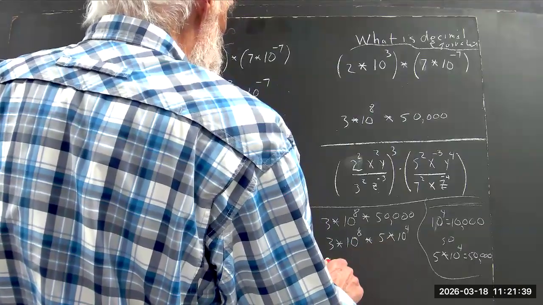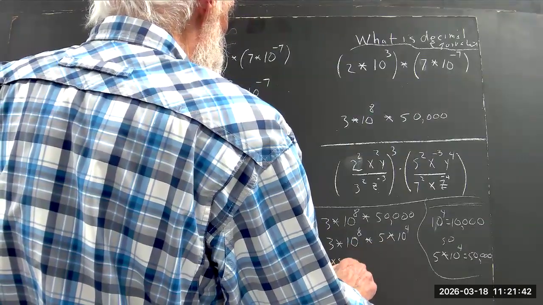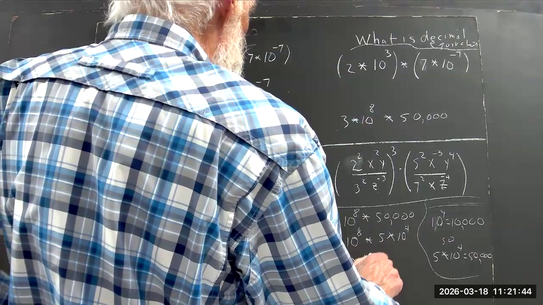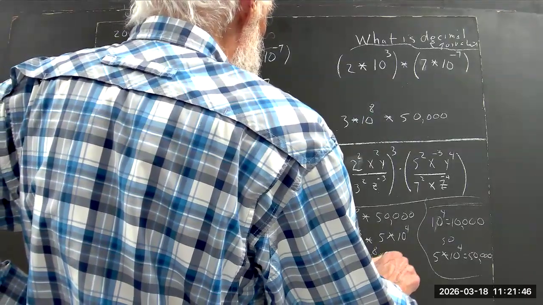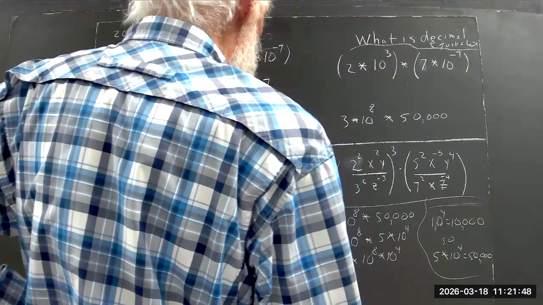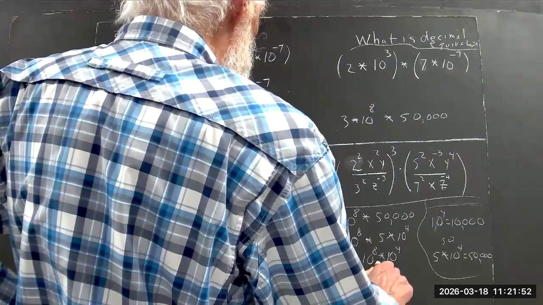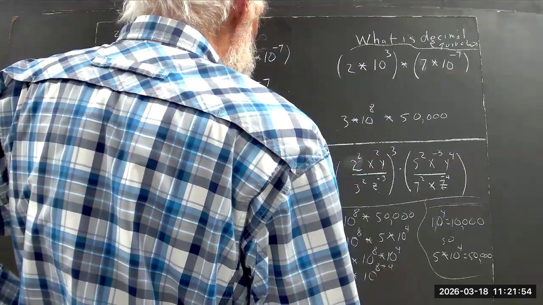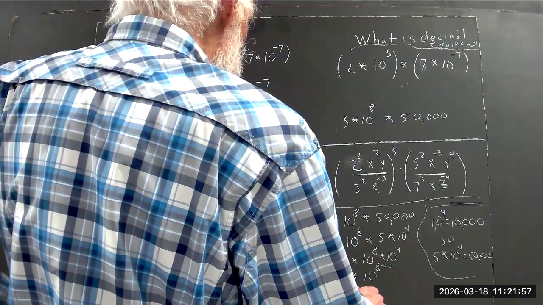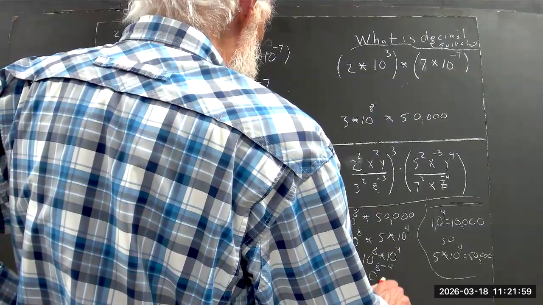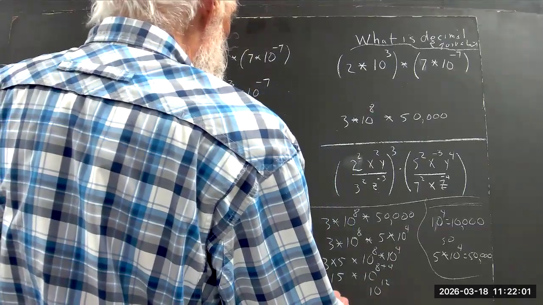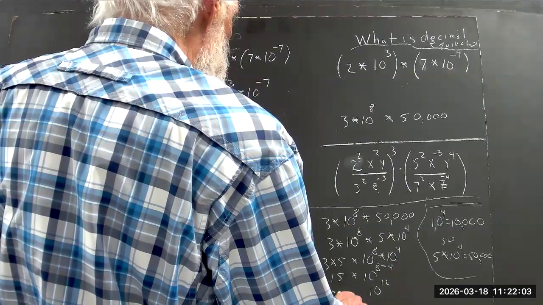Okay, anyhow, then this is going to become 3 times 5 multiplied by 10 to the 8th times 10 to the 4th. That's 15 times 10 to the 8th plus 4. 10 to the 8th plus 4 is 10 to the 12th. 15 is 1.5 times 10.